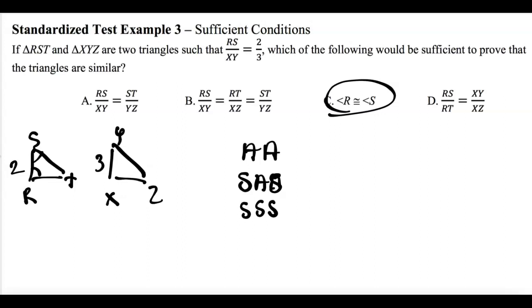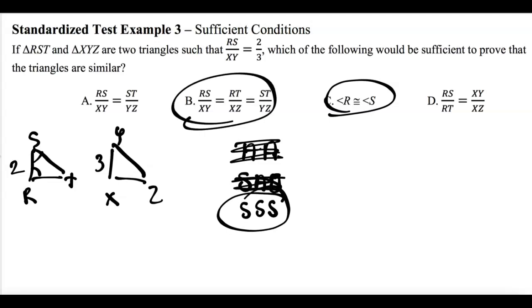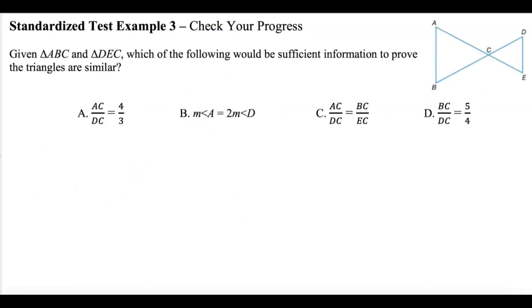We don't have any other angles, so that's not an option. Like I said, we don't have any angles at all, so the only option would be to have side, side, side. So my only option is that it would be B. The sides, all three sides would need to be proportional. So let's take a look at this next one.